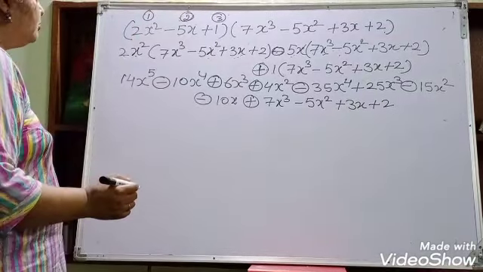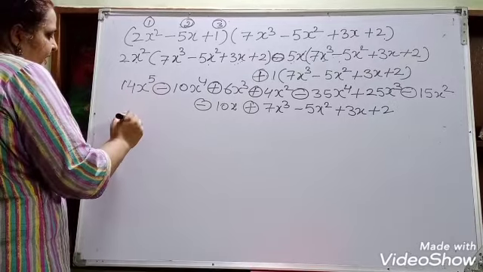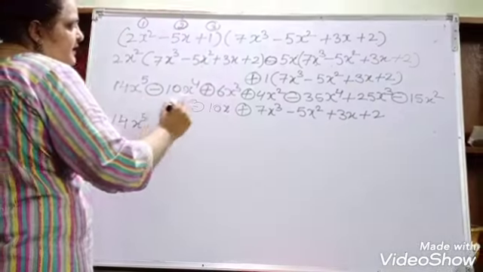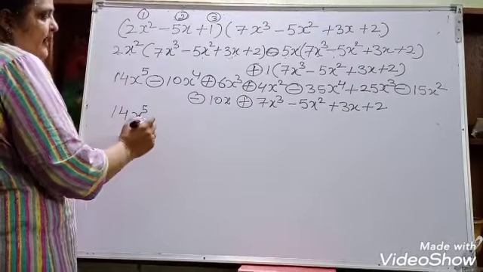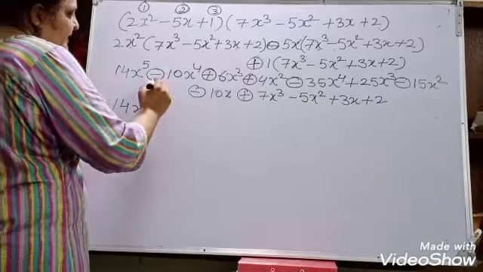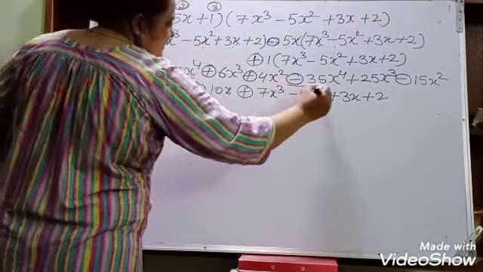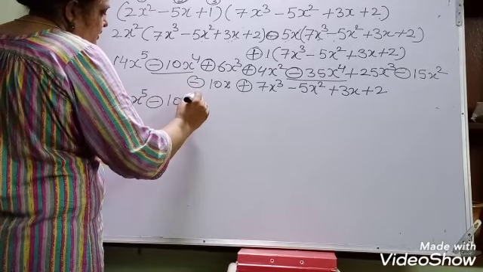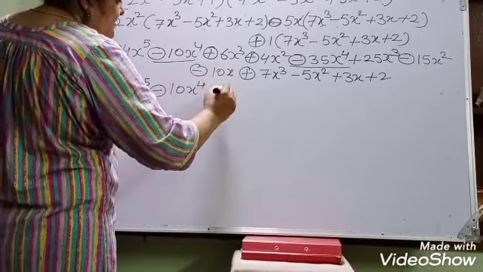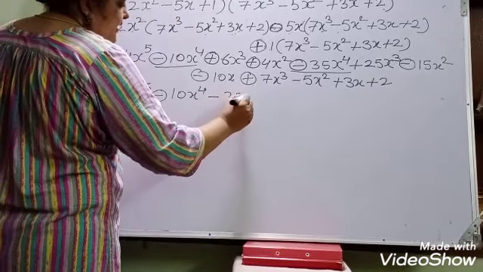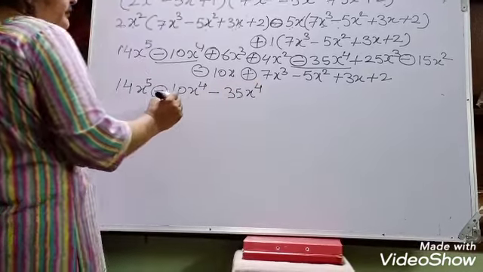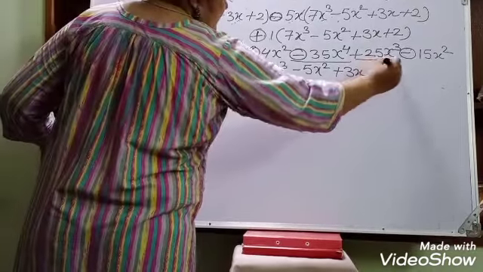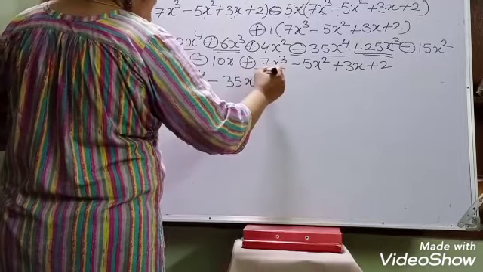So what we are going to do now is unite the like terms. Since for 14x raised to power 5 there is no other term with x raised to power 5, we will write it down as it is. Now minus 10x raised to power 4 and minus 35x raised to power 4. Then 6x cube plus 25x cube and plus 7x cube.